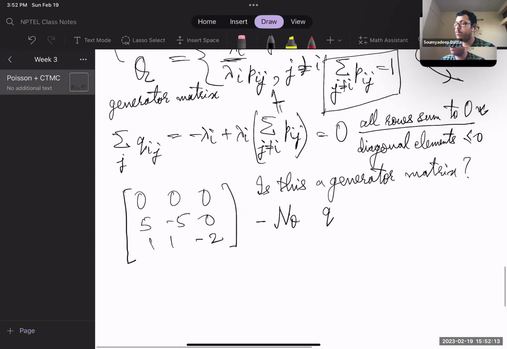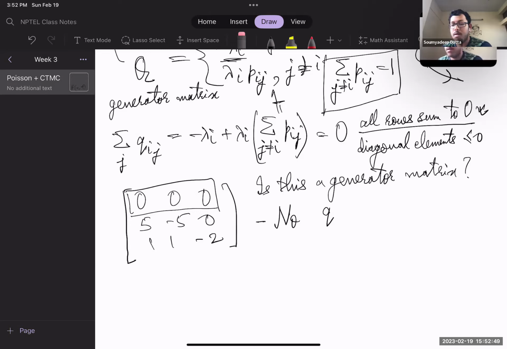Actually the diagonal elements have to be less or equal to 0, because this is not a proper generator matrix in a way, because this entire row is 0. Which means that there is no transition to itself, neither is there any transition to other states. So this will become a weird kind of sink state, and this doesn't stabilize the matrix. So these kind of matrices are actually not allowed.